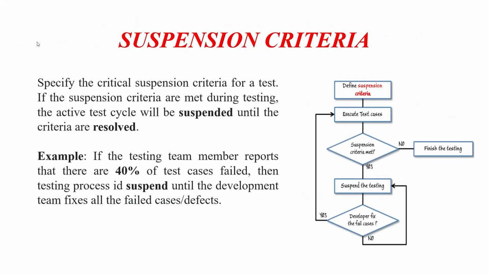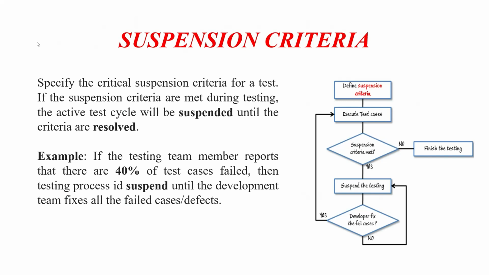Then there is one more very important criterion, called suspension criteria. After starting the testing process, before it ends, if we find more difficulties or more defects are identified, then we have to suspend the testing process.